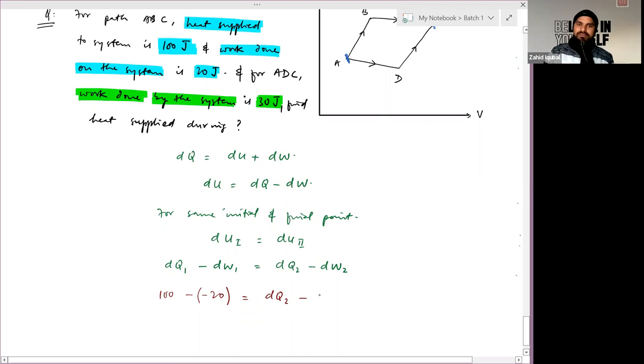So it will be positive. Now just simplify it. 100 plus 20, it will be 120 equals to dq2 minus 30. So dq2 equals to 120 plus 30, it will be 150 joule. So this will be a final answer.